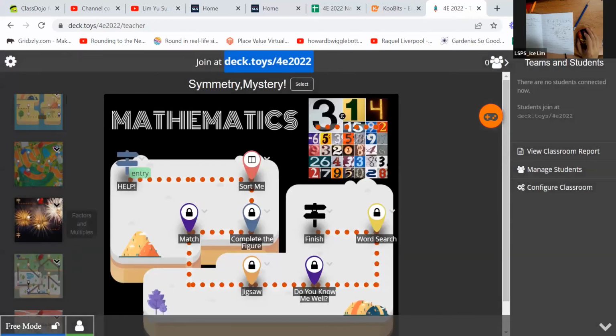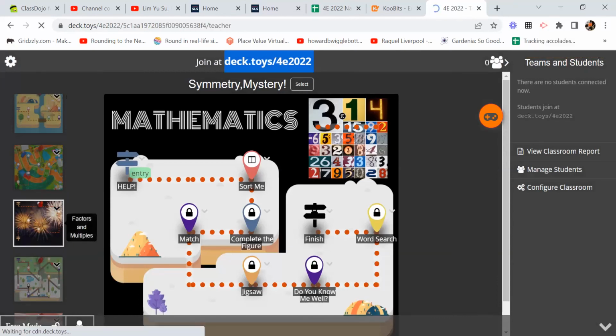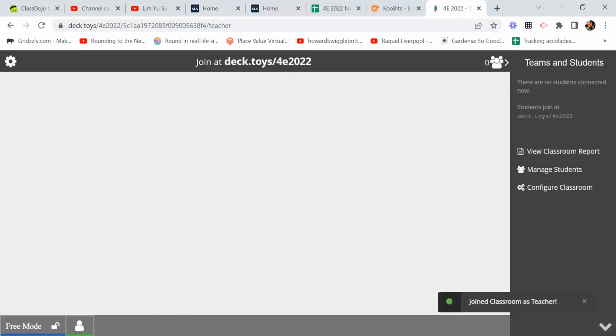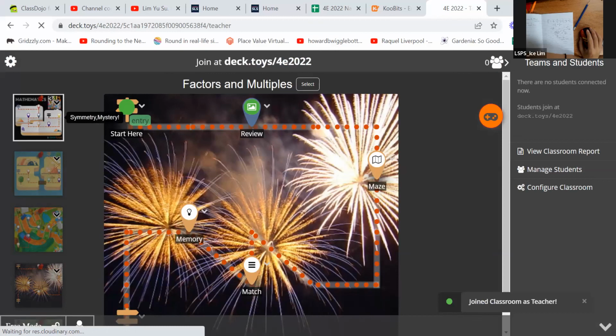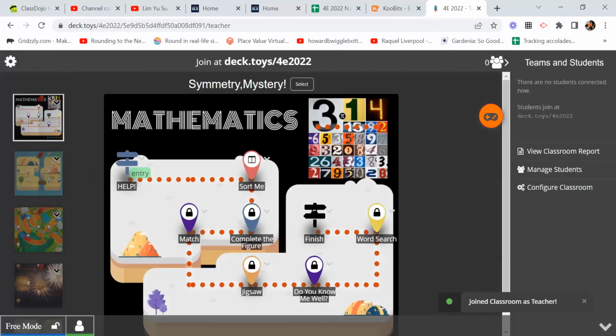There are a few. You can try the factor multiples, or the new one is for fractions, factor multiples, and there's one new one on symmetry as well. Okay? All right, so you can try it out. Okay, most of you are heading out. Bye.